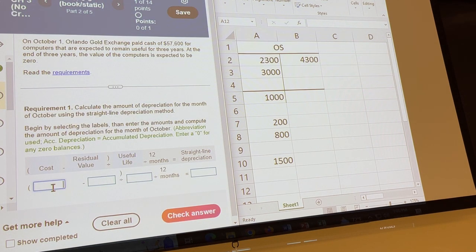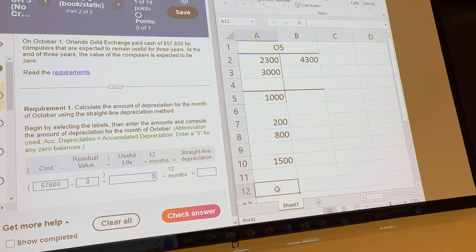So the cost is 57,600. Residual value is 0. Useful life is 3 years.